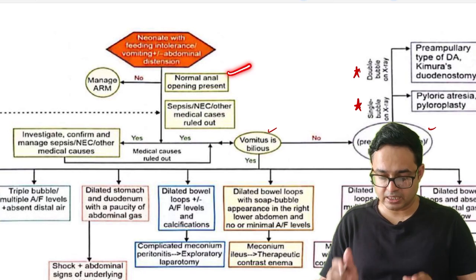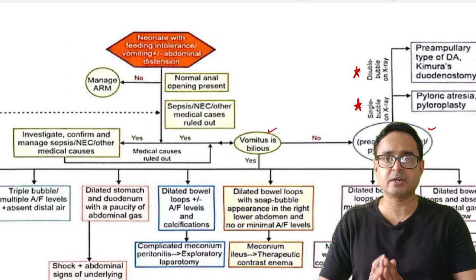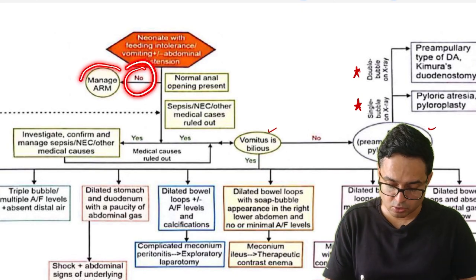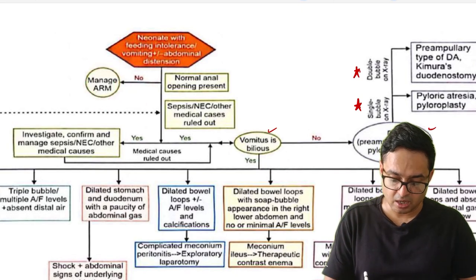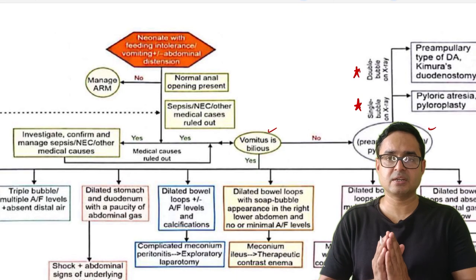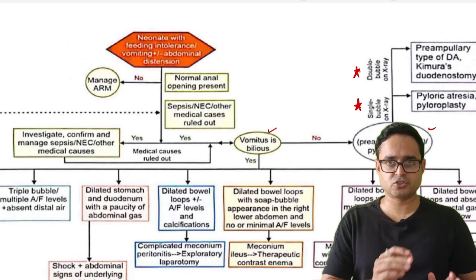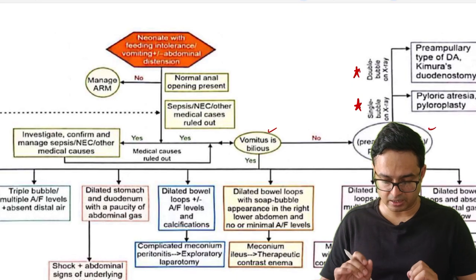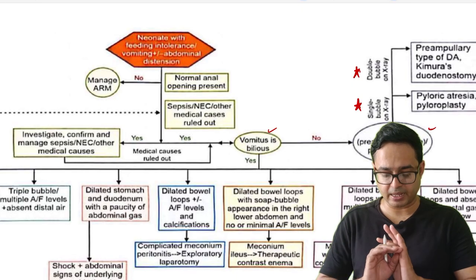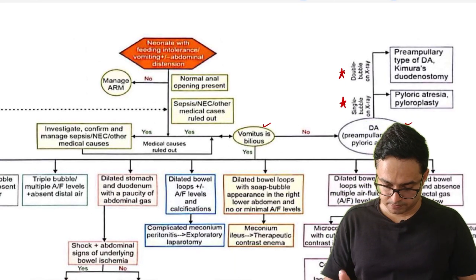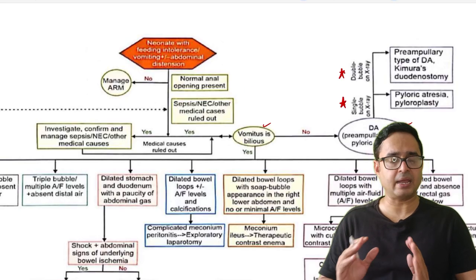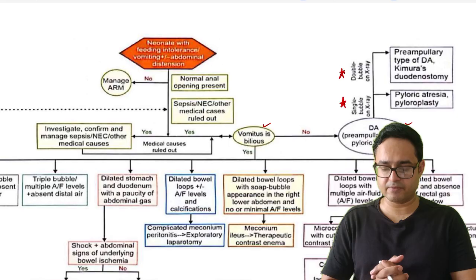First you have to see whether the anal opening is present or not. If the anal opening is not there, anorectal malformation is diagnosed and managed accordingly, surgically. But if you find the anal opening is there, you have to rule out sepsis or NEC by X-ray and blood investigation.